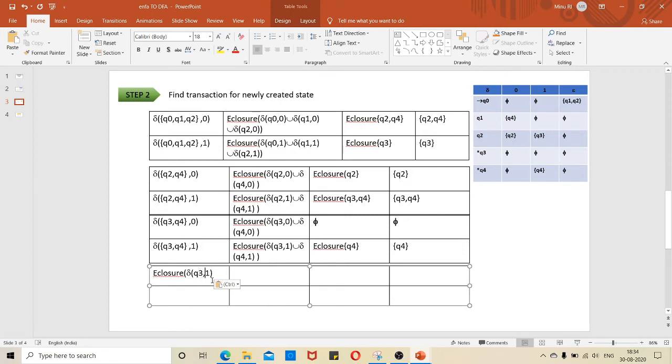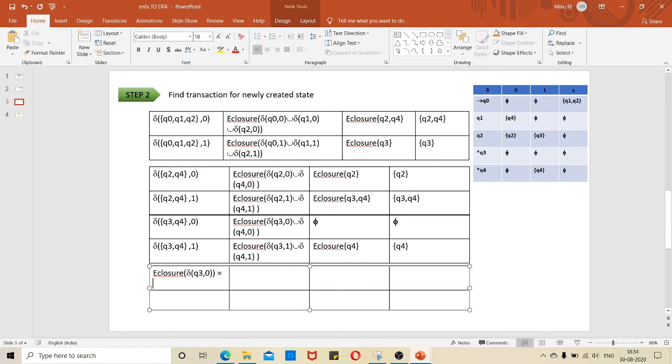For 3 with respect to 0, we will check what it comes. Same way 3 with respect to 1, we will check.